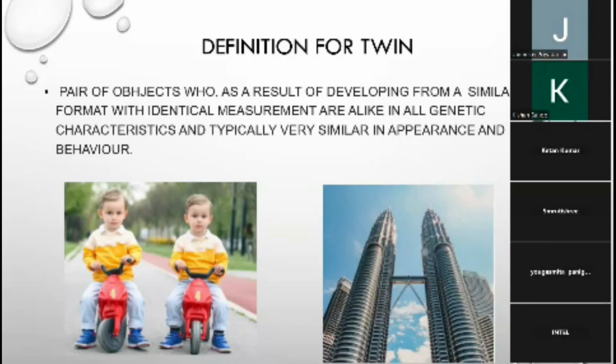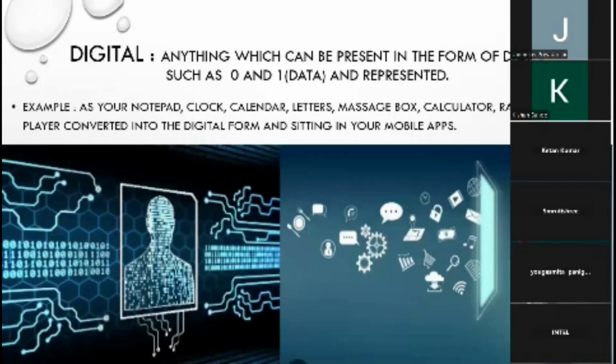Now the question arises, what do you mean by digital? Digital is a very popular word these days, and its basic definition is very clear. The basic definition of anything digital is anything which can be presented in the form of digits, such as 0 and 1. Otherwise we can say data. So if it is converted into 0s and 1s in a data format and represented, then we can say that is digital.